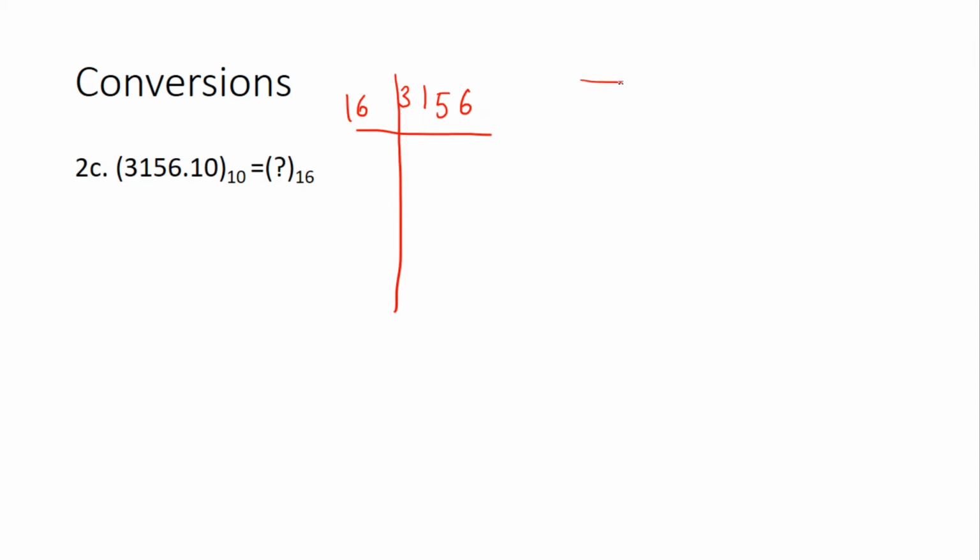So we can use this value because this would be the closest number. So for us it is 197, because 16 into 197 yields 3152. So the remainder is 4 in this case.